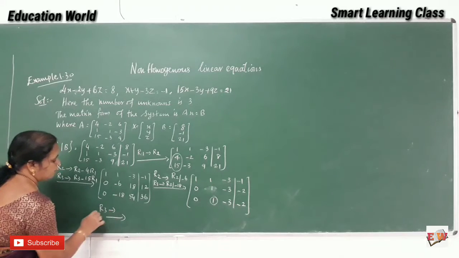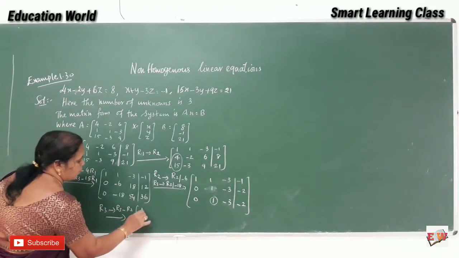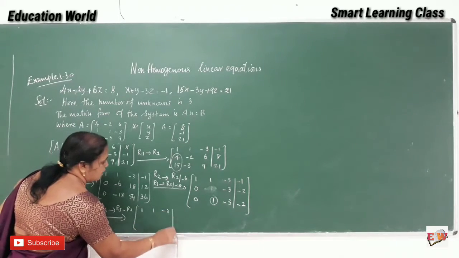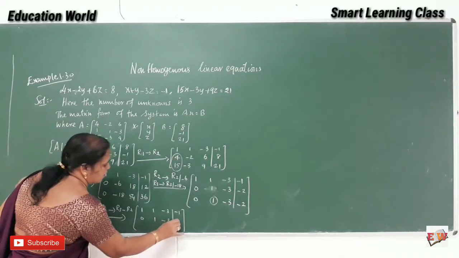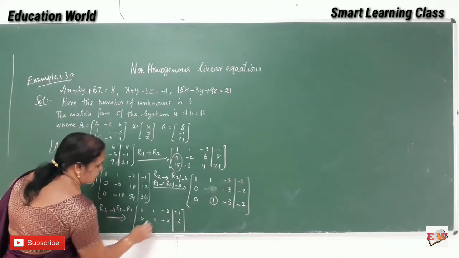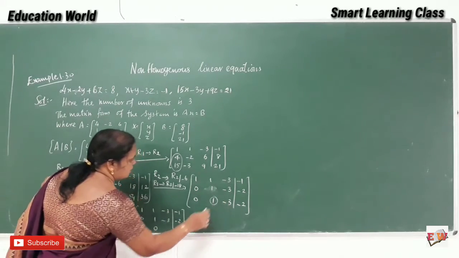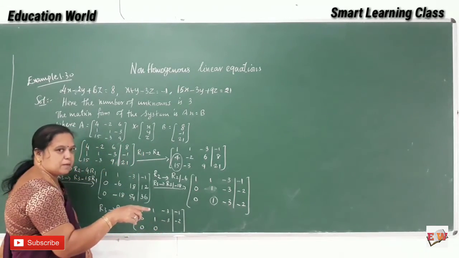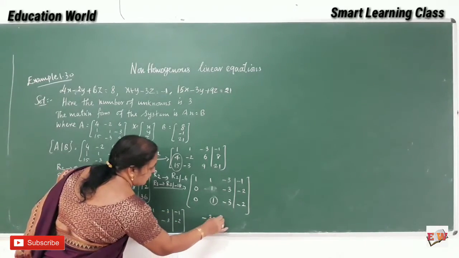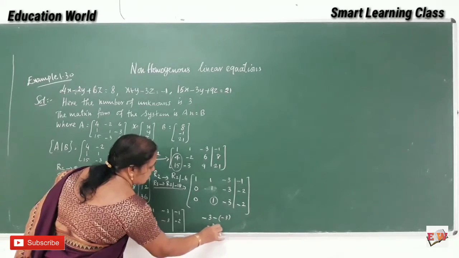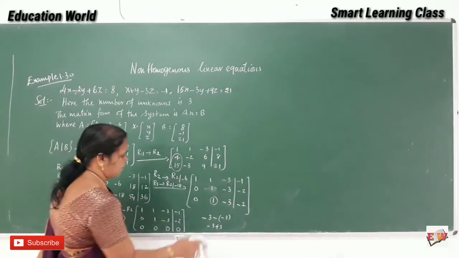So R3 minus R2: 1, 1, minus 3, minus 1; 0, 1, minus 3, minus 2; 0 minus 0 is 0, 1 minus 1 is 0, minus 3 minus of minus 3, minus 3 plus 3 equal to 0, and similarly here we will get 0.